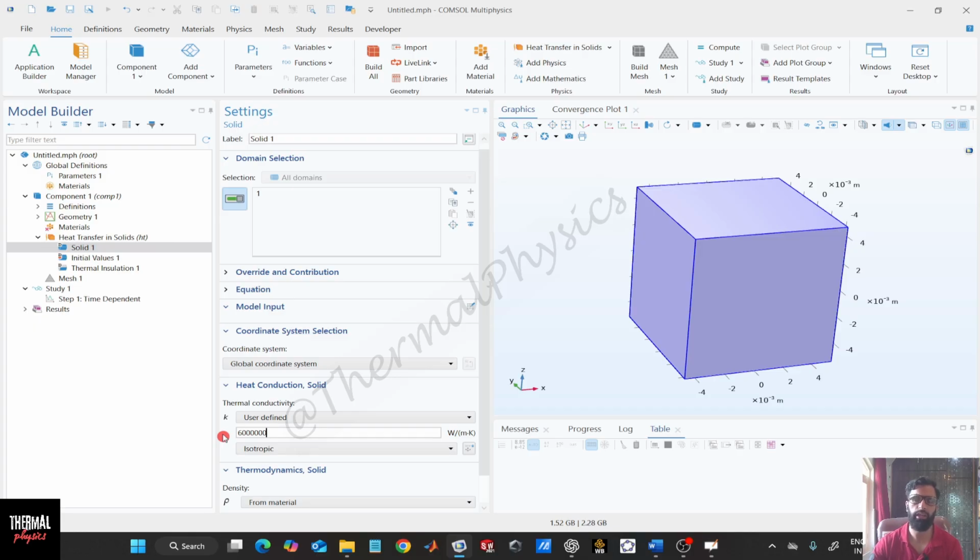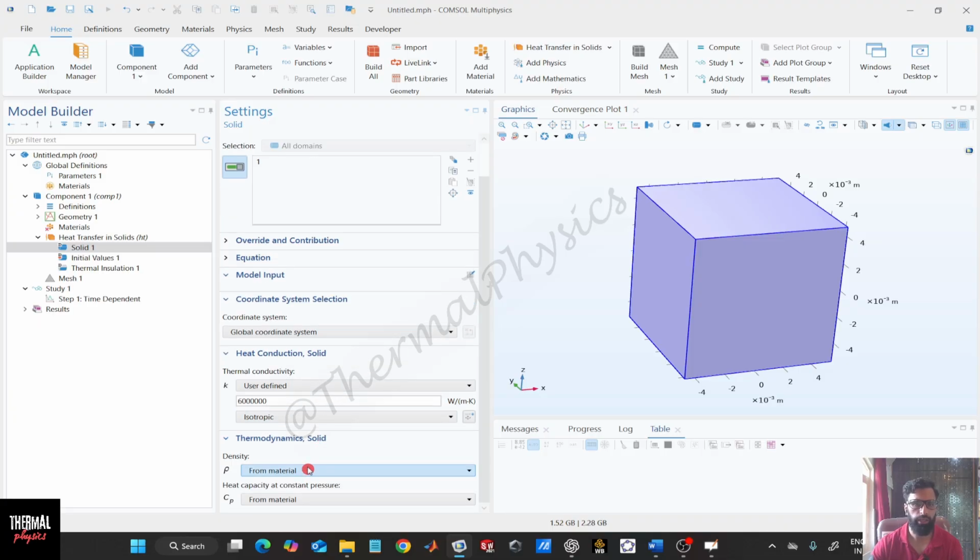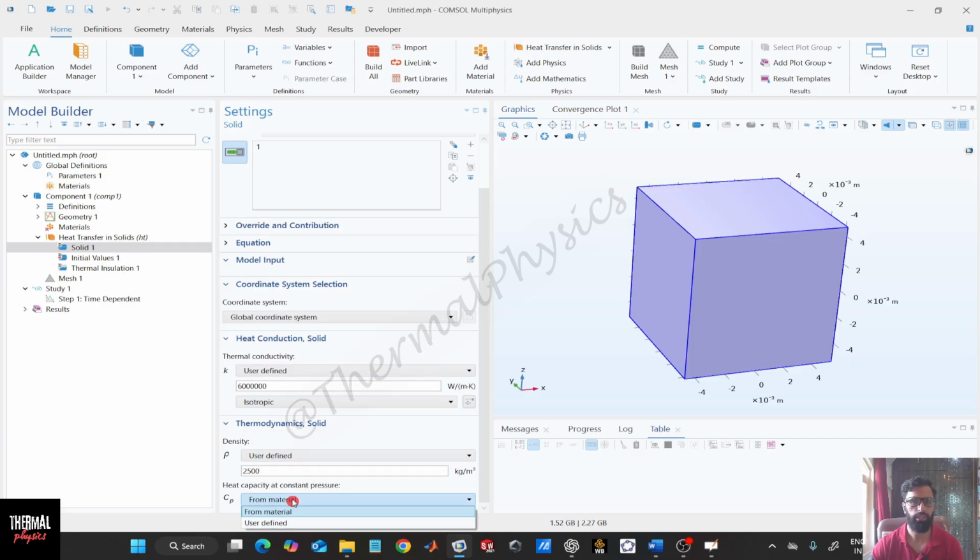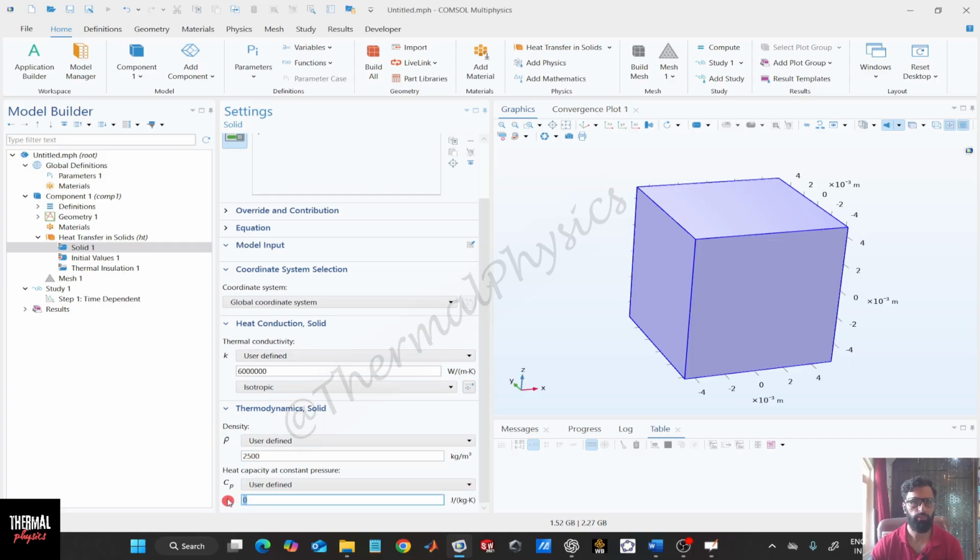This will make sure that the Biot number is extremely smaller than 0.1, so the lumped capacitance model is valid. And for density, we will keep it according to the problem, which is 2500, and cp we will keep according to our problem, which is 800.